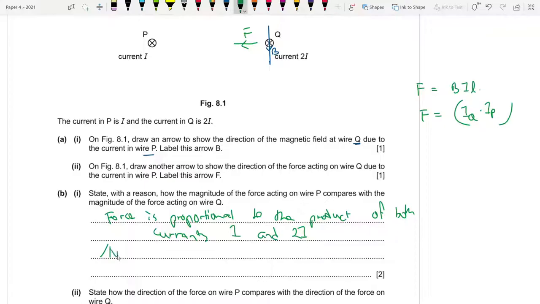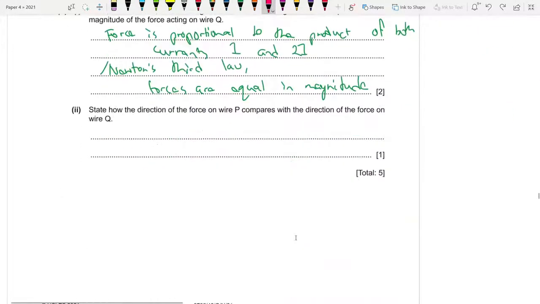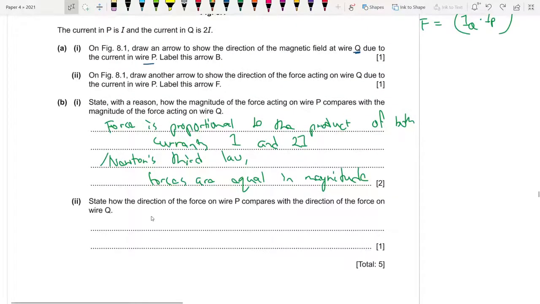Or we could just say that due to Newton's third law, forces are equal in magnitude. But there's a catch, they're in opposite directions. We don't need to write that down here; if it was 3 marks, you'd write that down. But basically, they want how the direction compares, so we're just going to say that the direction will be opposite.